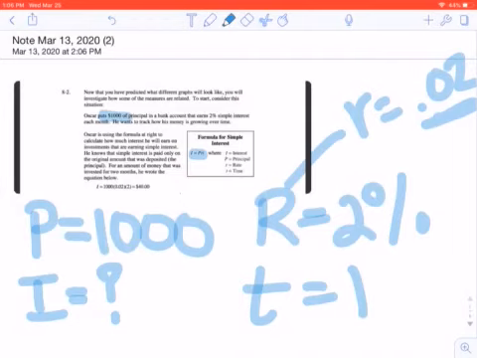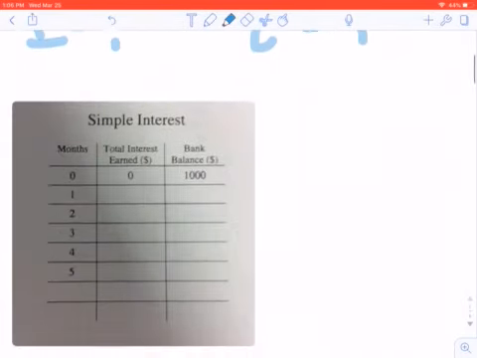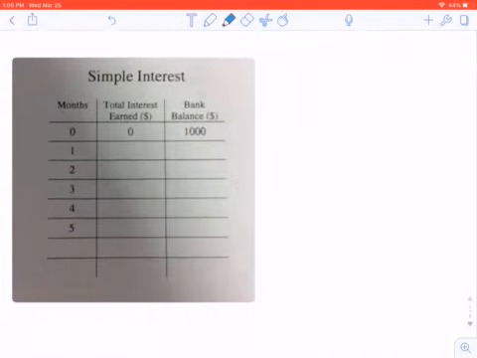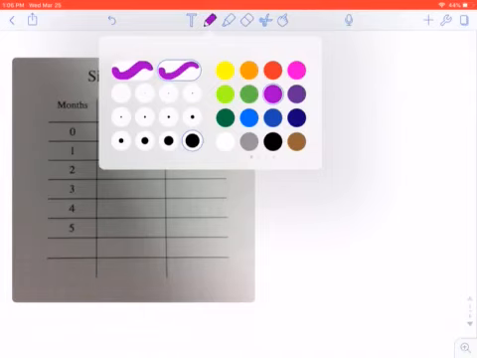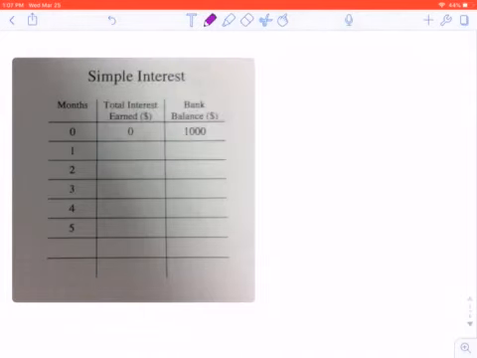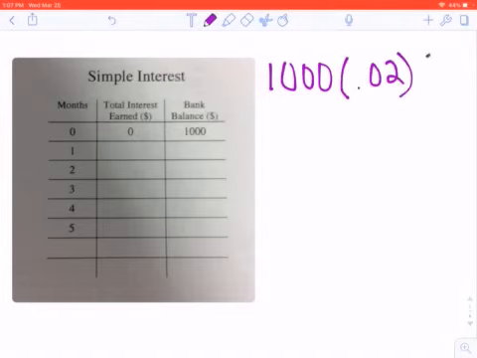So on your resource page, you have this table, and his account balance is $1,000 right now. If we want to know how much he's going to have, going back to that formula, we would do 1,000 times 0.02 times 1 month.